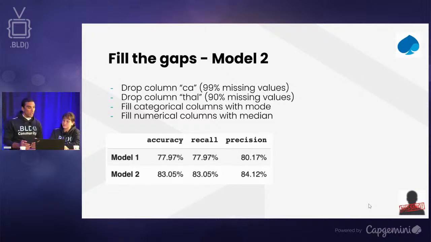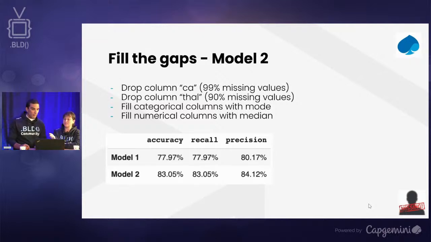So we are dropping these two columns, filling categorical columns with mode the same way as before, and filling numerical columns with median. The result for model 2: accuracy was 83%, recall the same, and precision 84%. So even though we dropped one other column, we are getting better results, which is really interesting.